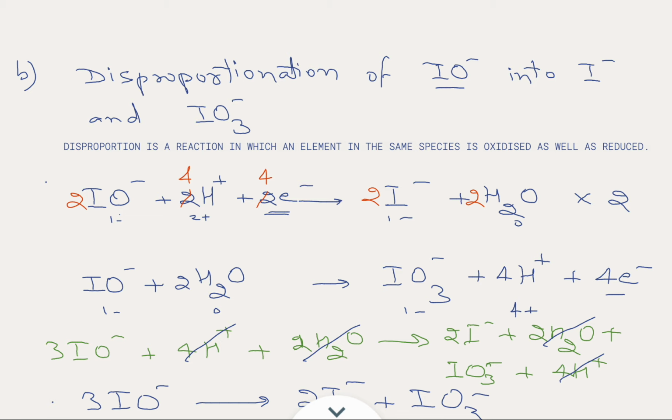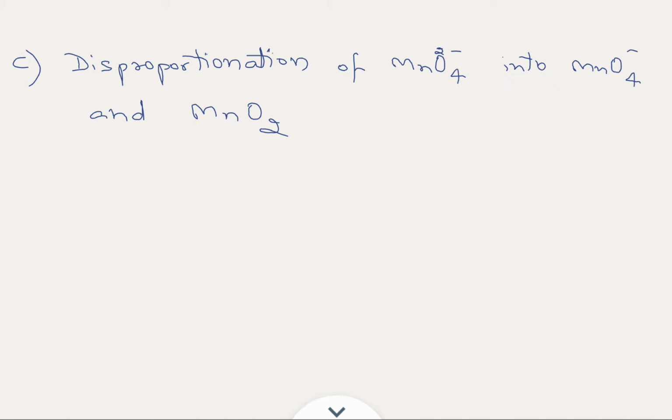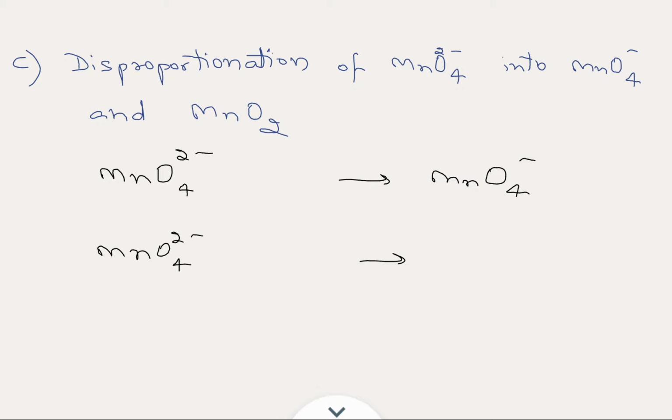Now let's take another example of disproportionation of manganate ions into permanganate ion, MnO4 1 minus, and MnO2. Now exactly following the same procedure like we have done for the other questions, this MnO4 2 minus is giving us MnO4 1 minus, and the same MnO4 2 minus was also giving us MnO2.